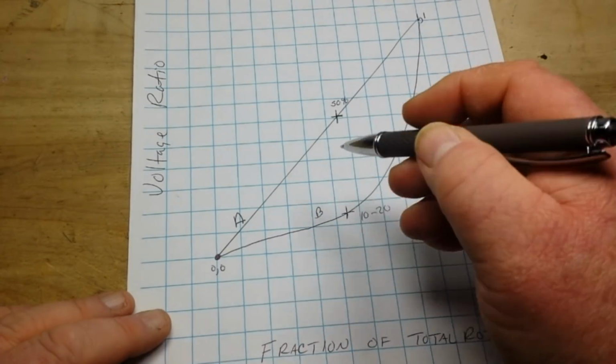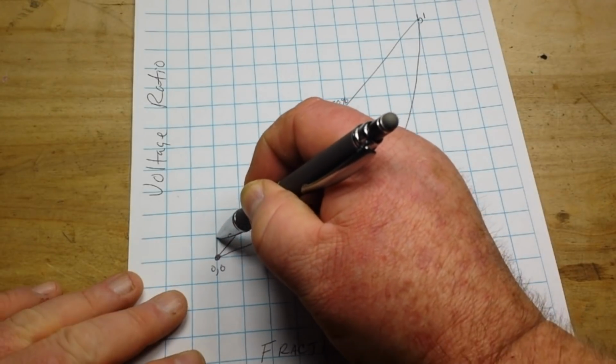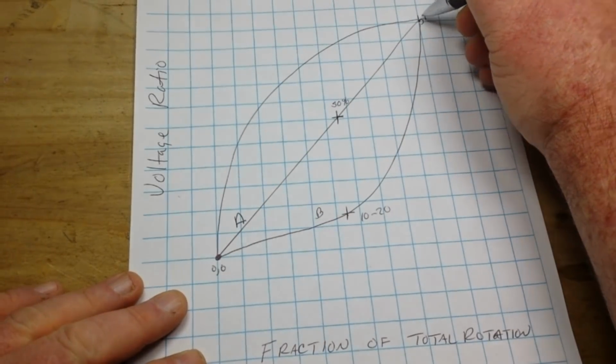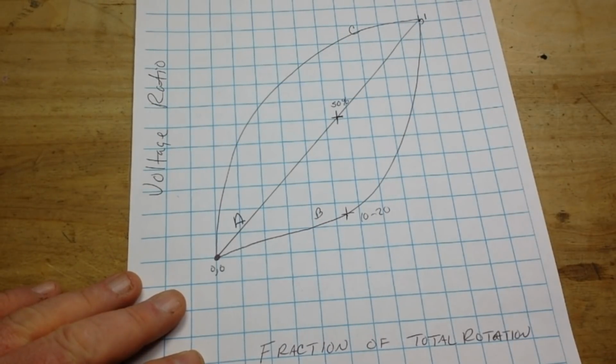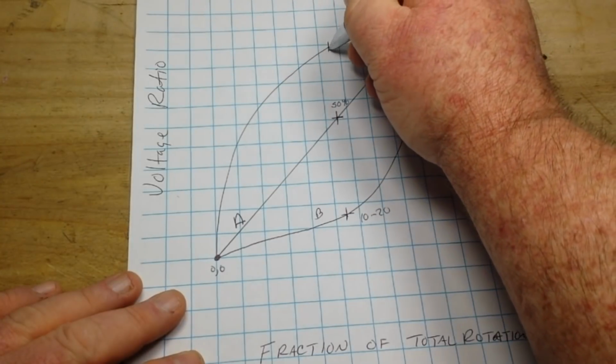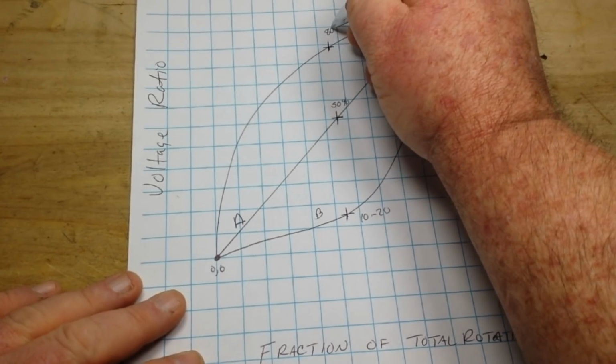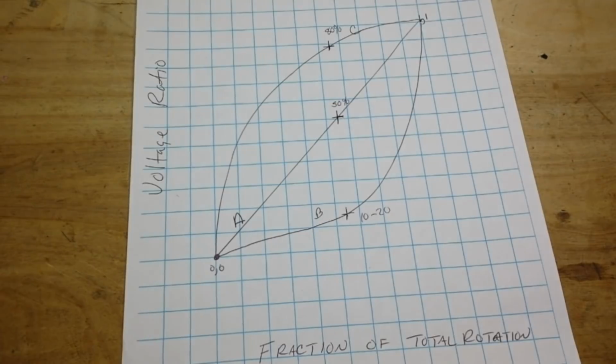And then finally, we have our type C, which is the reverse. And again, at our 50% point, we might be around 80% of our total voltage output. So our 2 logarithmic pots are mainly used for audio volume controls, where the other ones might be used for tone controls or something along those lines.